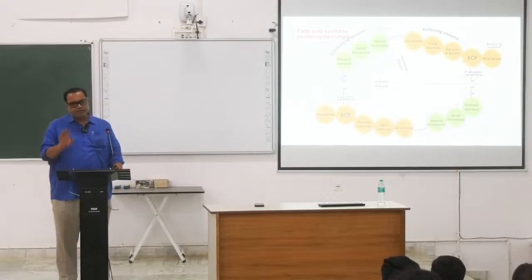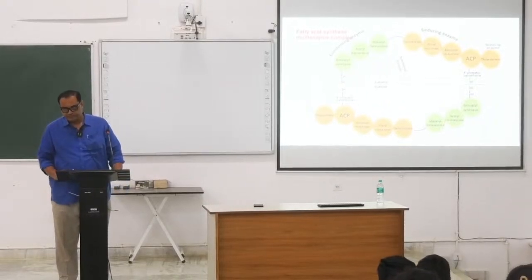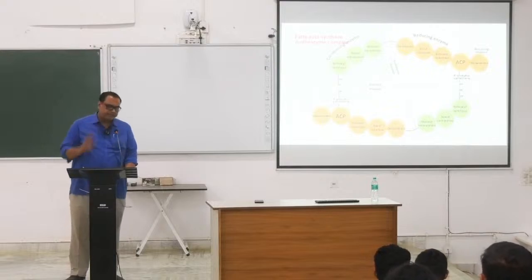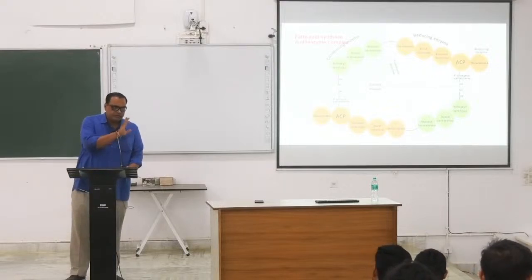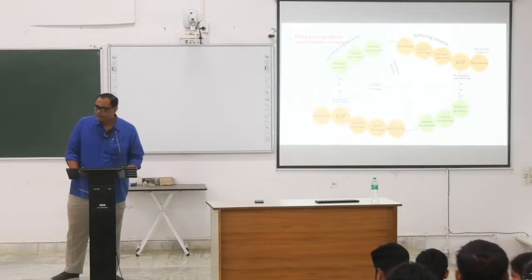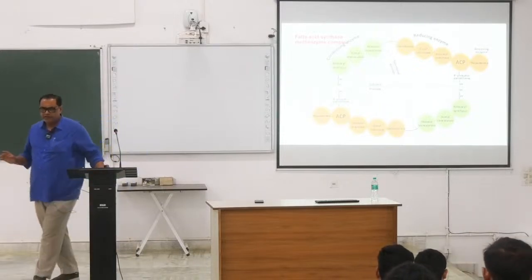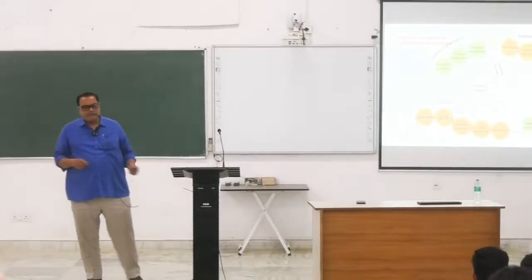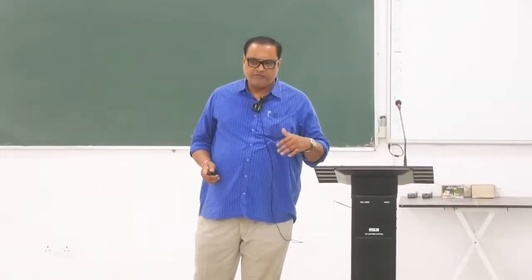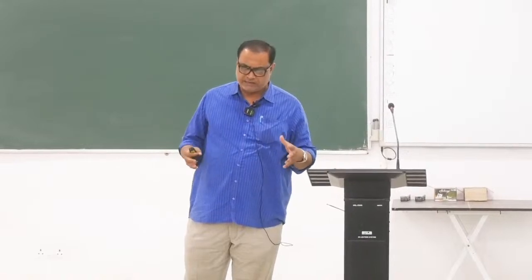So I would request you to open this one first. All of you, open this diagram, because I am going to change it. You have to see it from your own copy. Fine? Ready? So now we will see the sequential stepwise biosynthesis of new fatty acid.